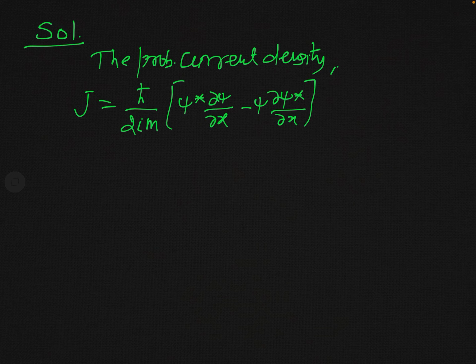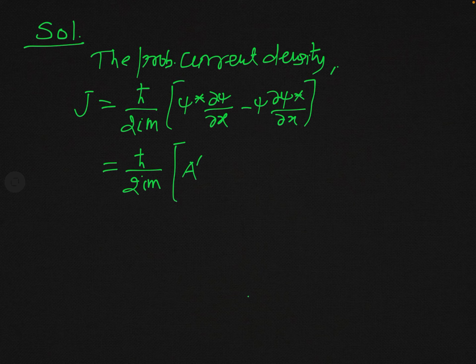Now here we are given the wave function psi, so we will substitute the value of psi and psi star. Psi star is the complex conjugate of the given wave function psi, and so substituting the values of psi and psi star, our result will be h cross over 2im into, you can see psi is A into e to the power i over h cross (px minus Et).